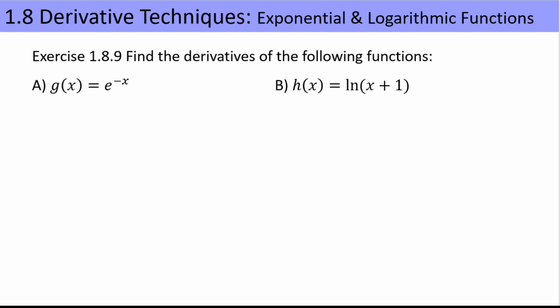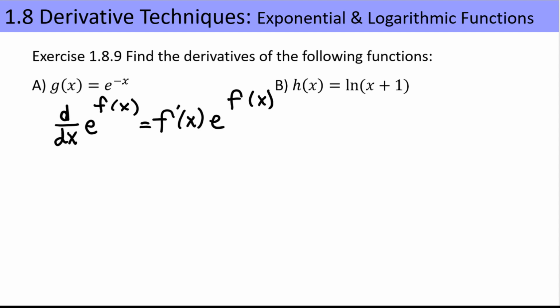Example 1.8.9, find the derivatives of the following functions. A, g of x equals e to the negative x. Let's observe that this is the pattern of e raised to a function. That is, if we want d/dx of e to the f of x, that derivative is the derivative of whatever e is raised to times e to the f of x.